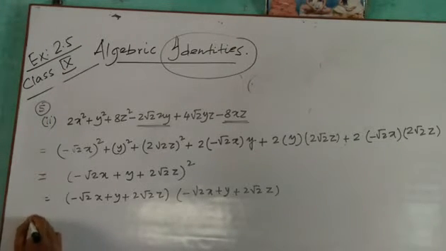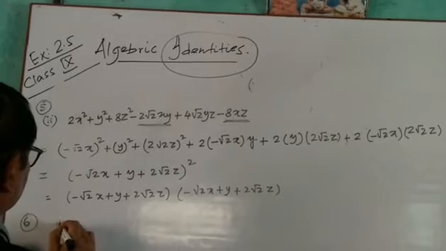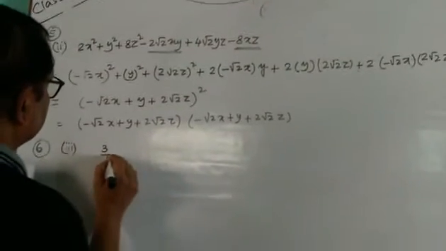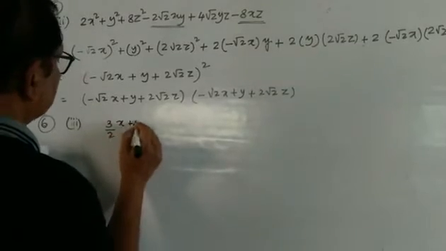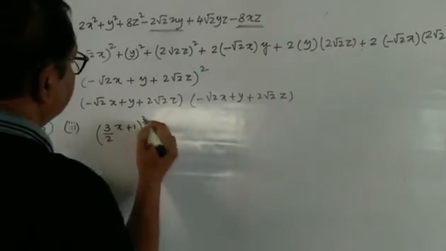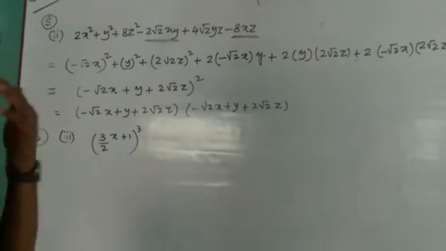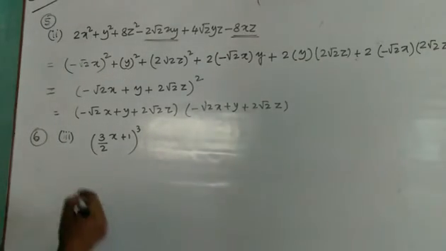Question number 6. Come to question number 6. This is the cube of a binomial. Question number 3, I will explain. Two questions I will explain. Question number 3: (3/2 x + 1) whole cube. We have learned the formula (a + b) whole cube equals a cube plus b cube plus 3ab into (a + b).